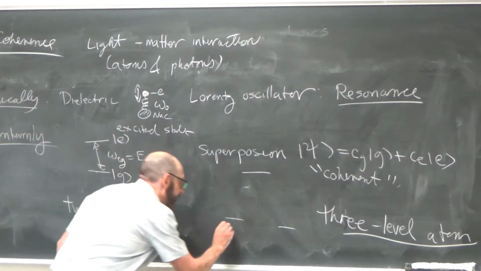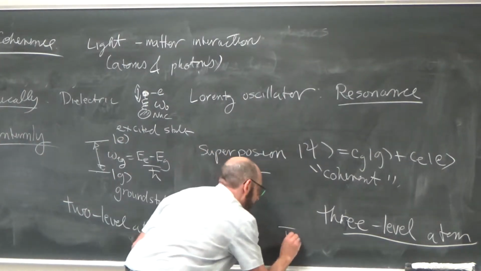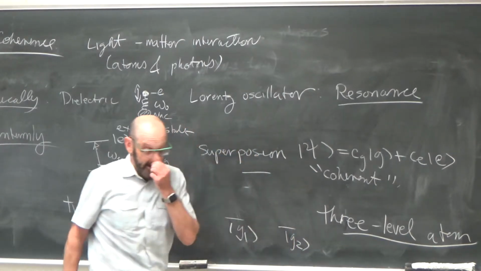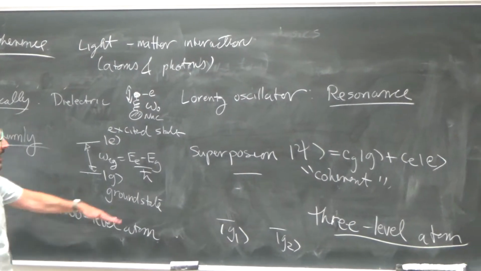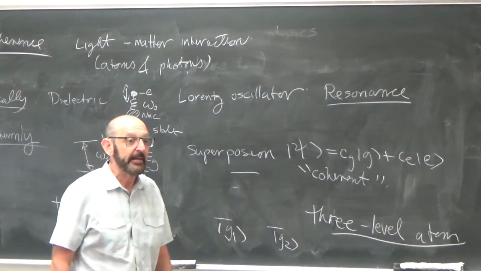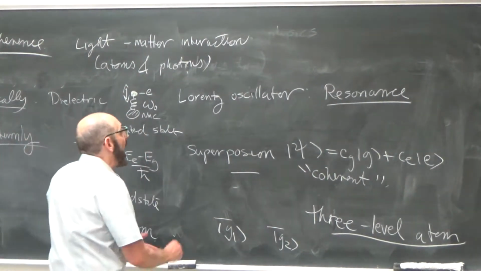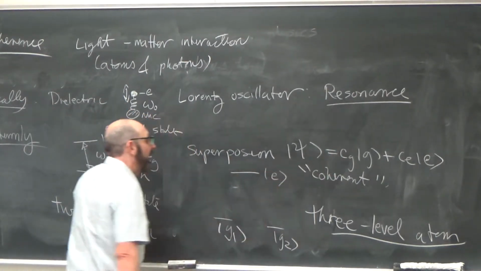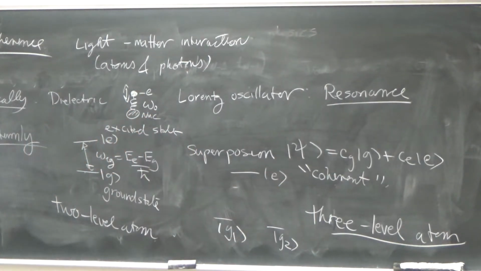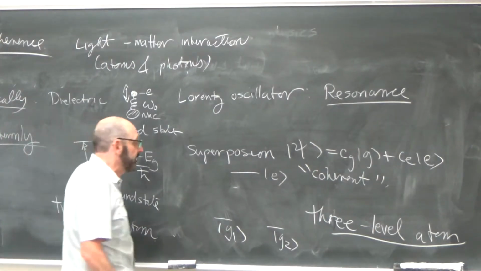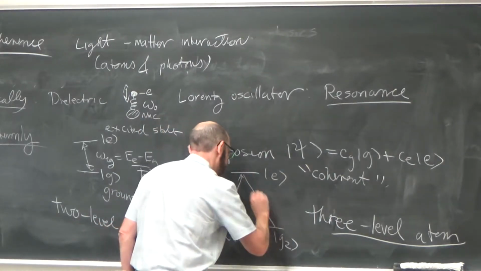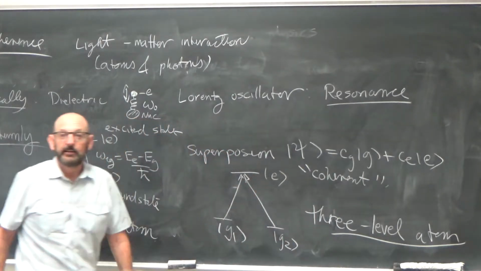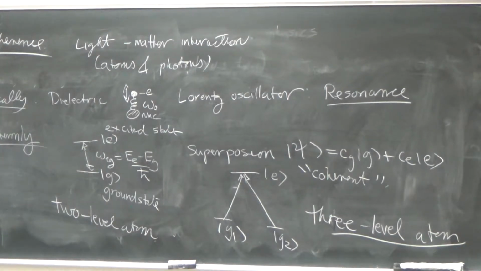So we might call this ground 1 and this ground 2. They might be two magnetic sublevels, Zeeman sublevels of an atom, right? And suppose that I have some excited state here, and suppose through hook or by crook, I design my laser field such that there are two possible ways that I can get to this excited state.